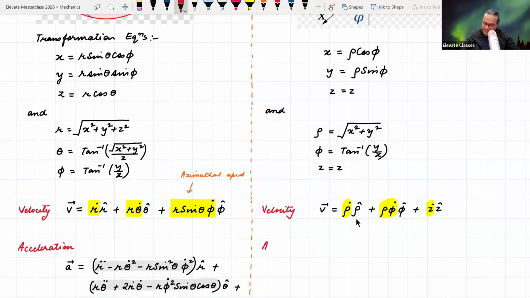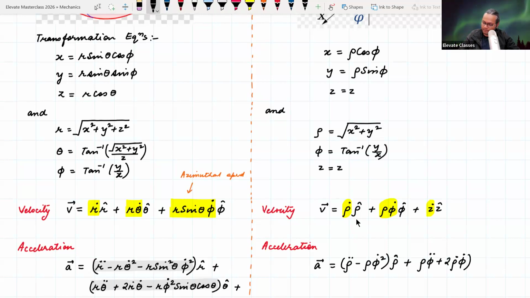And acceleration a is equal to rho double dot minus rho phi dot square, rho cap, plus rho phi double dot plus 2 rho dot phi dot, phi cap, plus z double dot z cap.